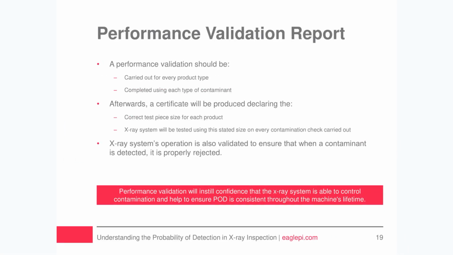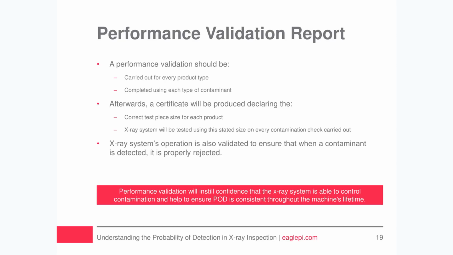Once an X-ray system is installed at a food processor's site, a performance validation report will be conducted by an engineer. This will help determine whether the contaminant test size selected at the initial product trial can be detected in line in the production environment. A performance validation should be carried out for every product type.